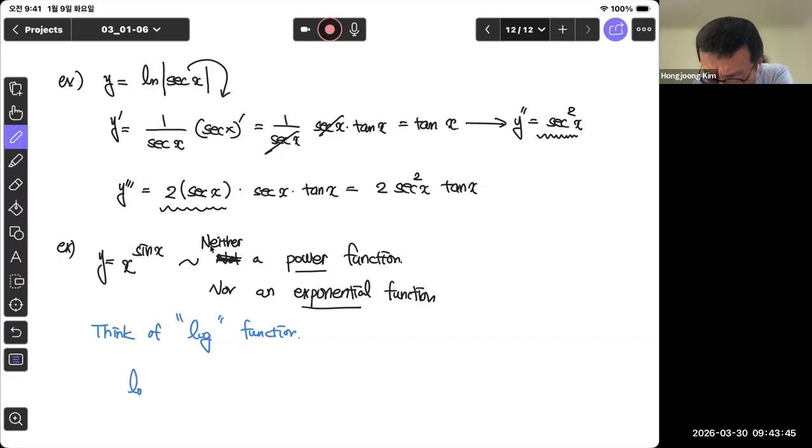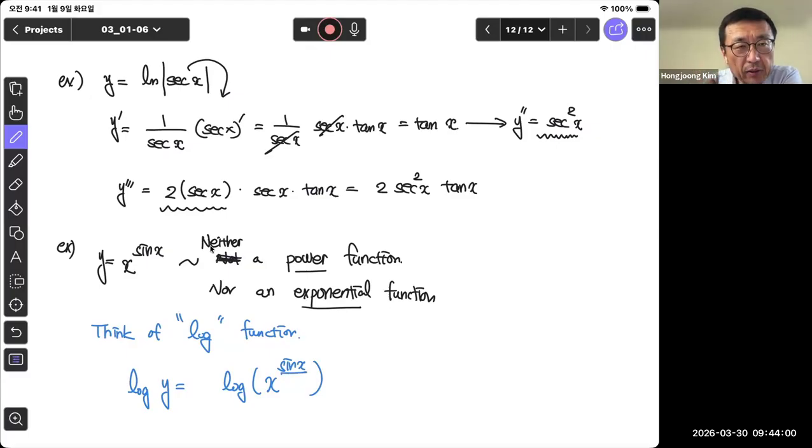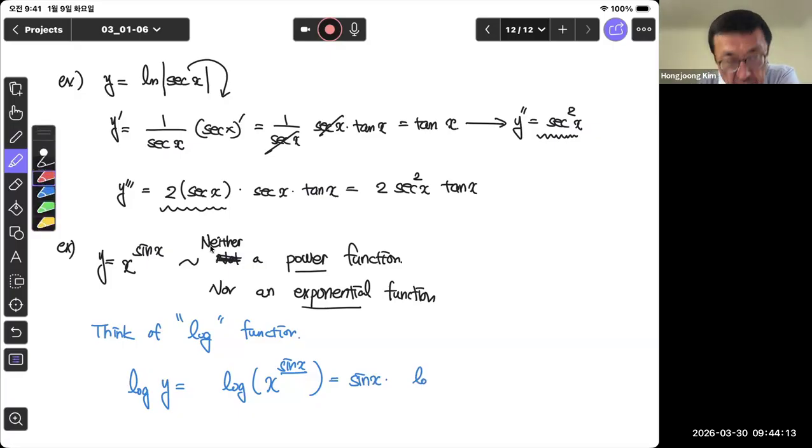So log of the left hand side will be the same as log of x to the sine x. And in case of the log function, if I have any exponent, you can multiply that, whatever it is, to the log function. In other words, you can rewrite this as sine x times log x. So let me consider the natural logarithmic function, that is easier to deal with.